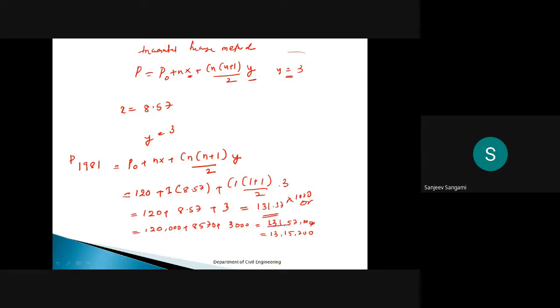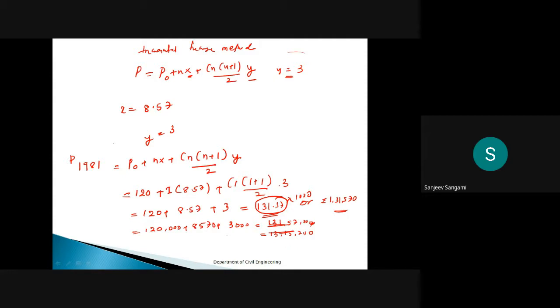You can keep this value directly, not a problem, or multiply by 1000 and you'll get 131,570. You can do it that way also.